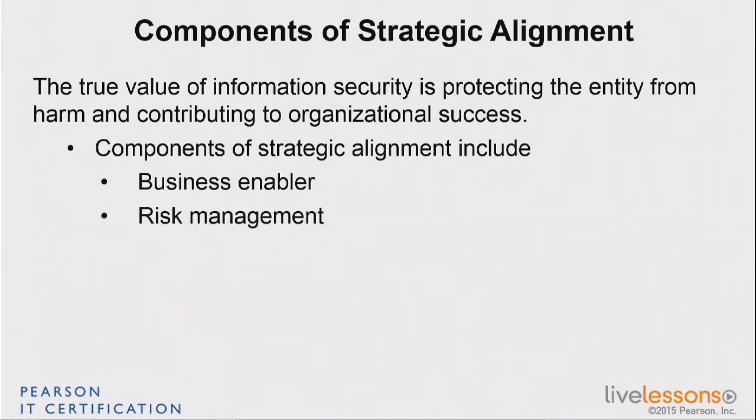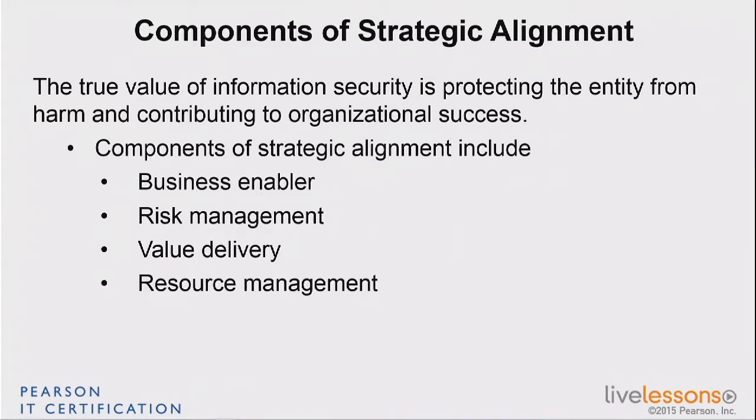The second component of strategic alignment is risk management. We need to understand what the risks are, and we need to make decisions about those risks, whether we're going to accept those risks, whether we're going to mitigate the risks, or whether we're going to change up the activity. And we'll be spending multiple lessons talking about risk management. We need to ensure that security is delivering value to the organization.